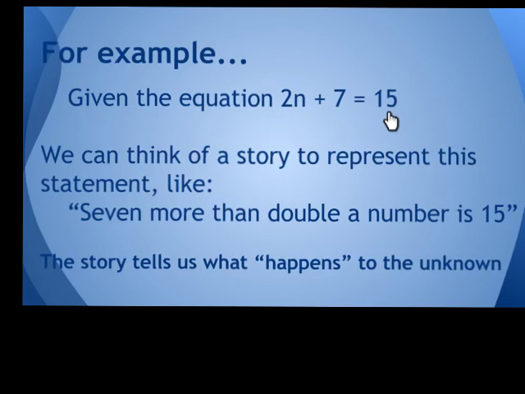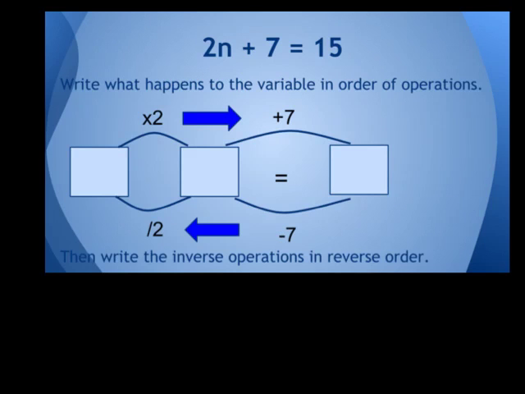So that's the story. Now we're going to use backtracking to write out what happens to the variable and then undo each of the things that happens. So when you're doing backtracking, you're going to draw a box and write the variable above the box. That's an n.